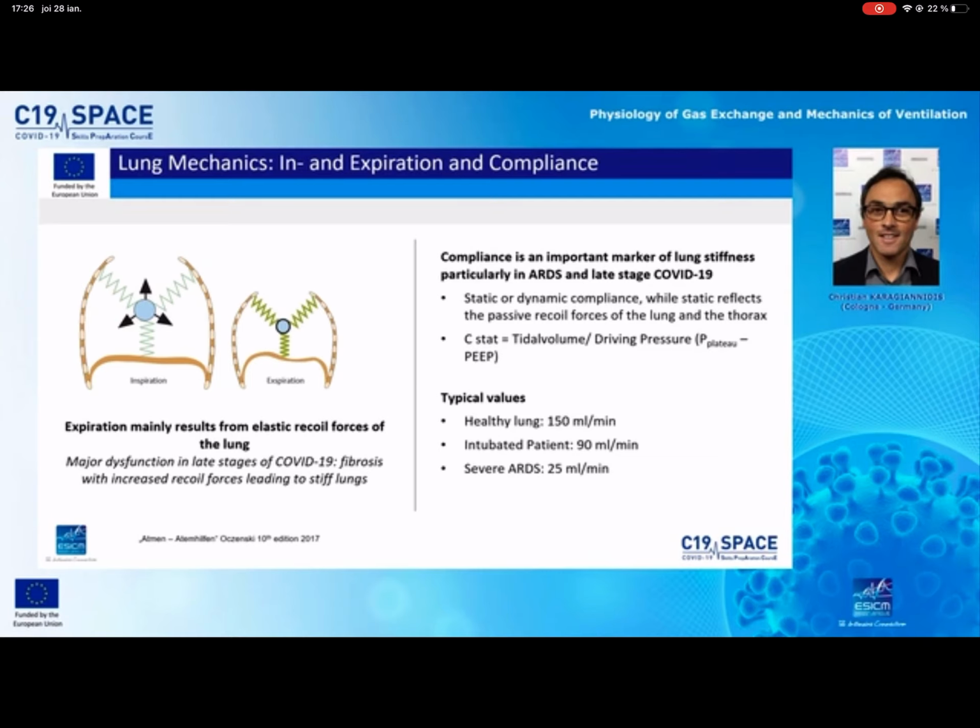This lung stiffness can be measured, and this is important in regard to ARDS patients, but also for COVID-19 patients, particularly in the later stages if the lung gets stiff.